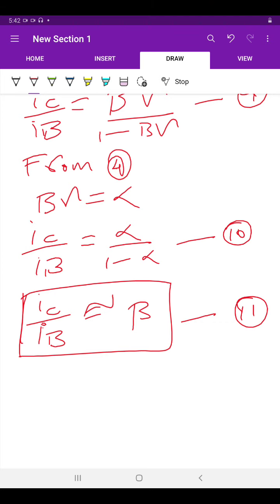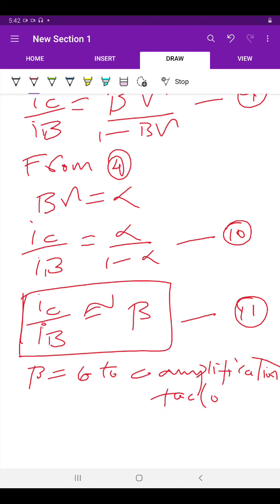Now beta over here is the base to collector current amplification factor. Beta can be large for a good transistor.